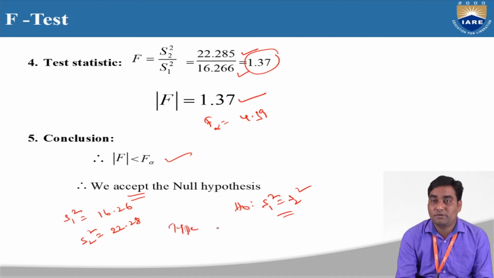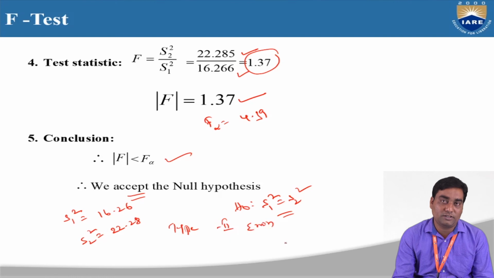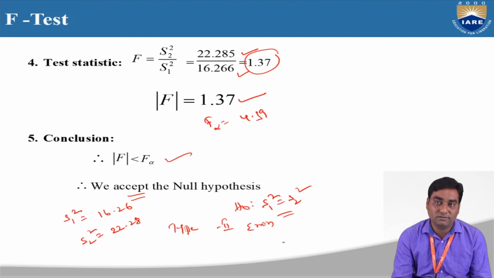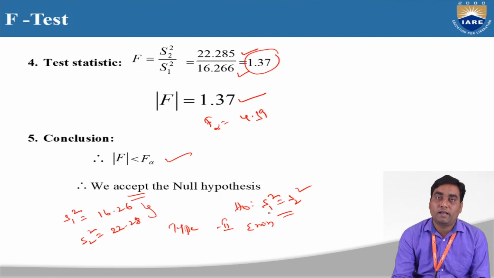This problem is also a type 2 error, because we are accepting a statement when it is false. Both values are not the same, but I proved both are the same. That's why such an error is known as type 2 error.